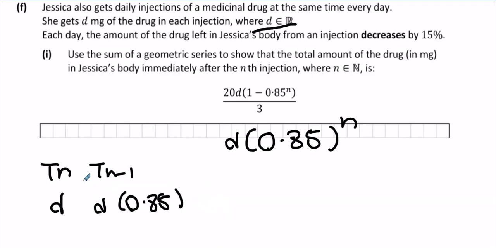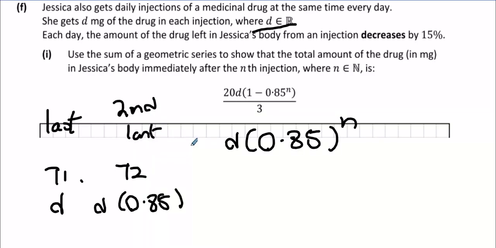Okay. Now, what happens in your very first injection? Sorry, I think I have this the opposite way around. You'll have to excuse me for a second. T1 is your last injection, T2 is your second last, and Tn will be your very first.